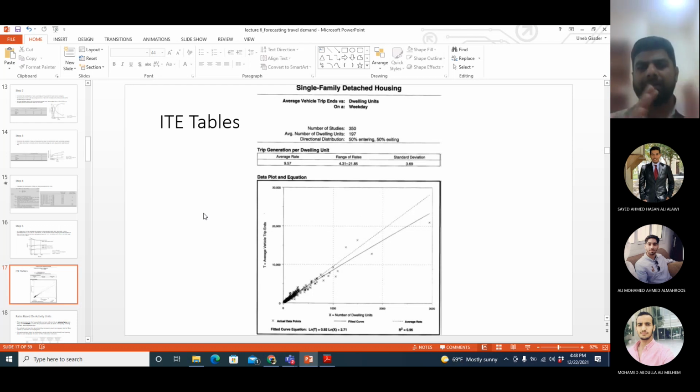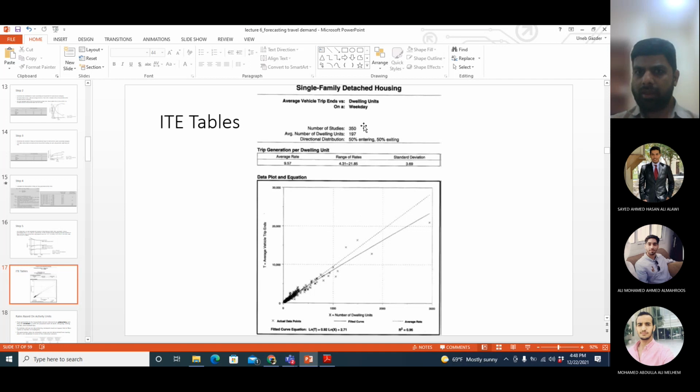So for example, this one is for a residential, single detached housing area. Single detached, or single family detached, meaning villas basically. And then we have apartments and so on. They found 350 zones having single family detached housing.